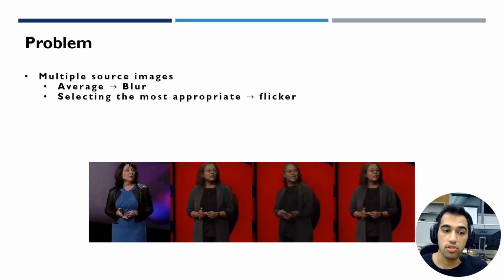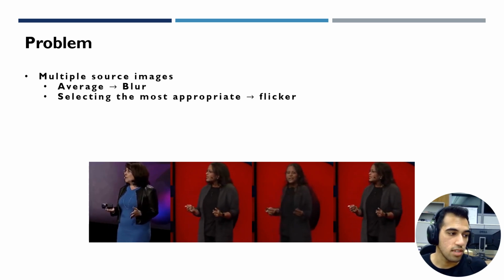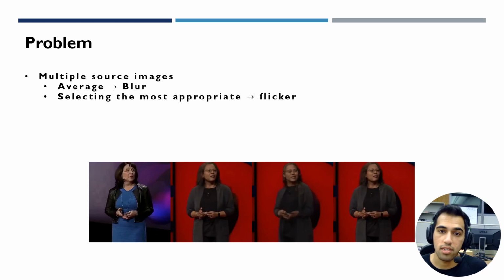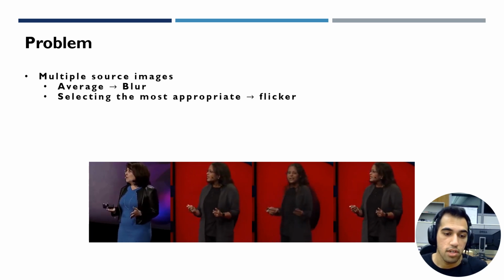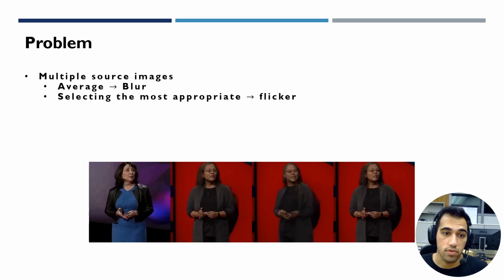However, if you try to use the most appropriate and the best fit one, you will see some flickering over the output. In these videos you can notice that one is using blurring and the other one is selecting the most appropriate one. And the third one from the left, you can notice that there is some flickering in the output, and that is the cause of using this effect.